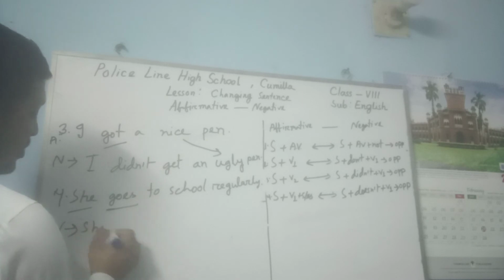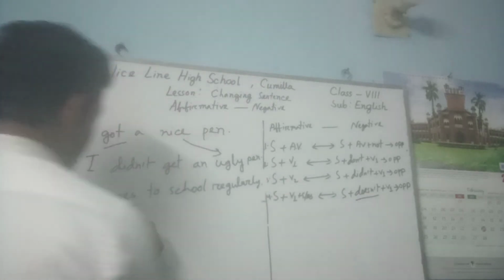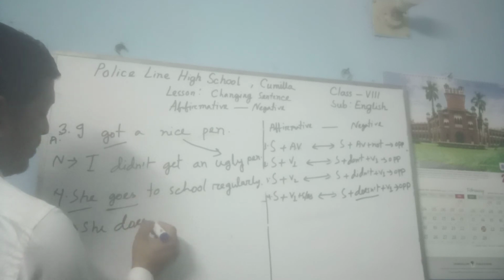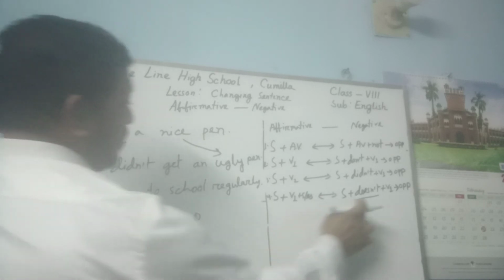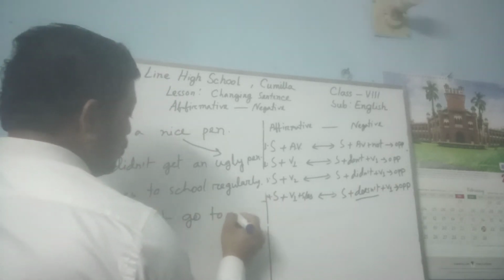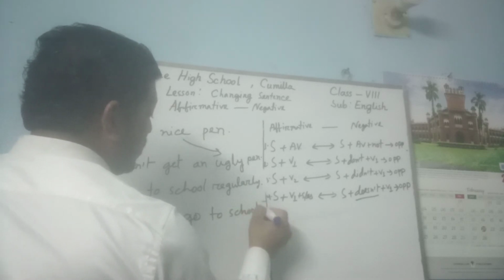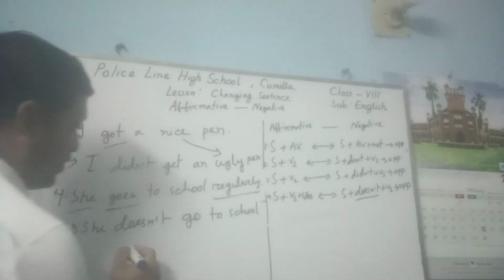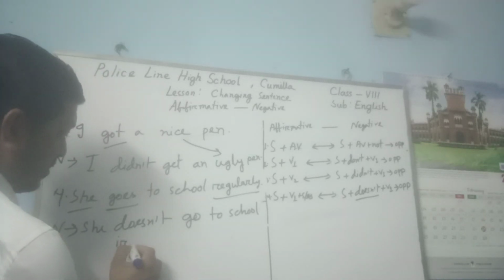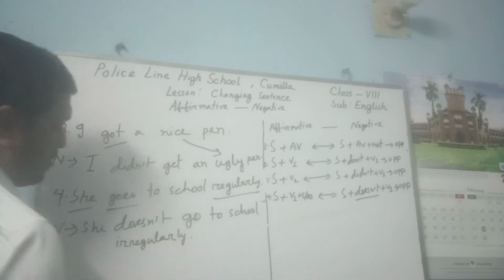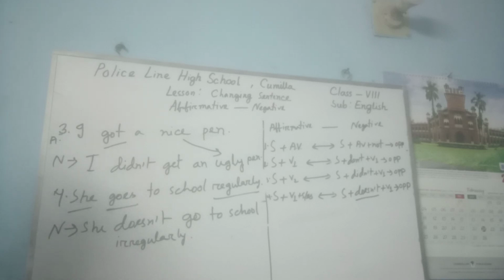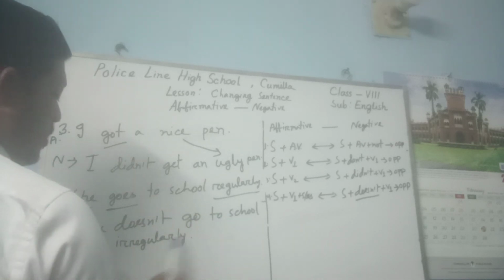Subject is she. Then I have to write doesn't. Then verb 1 go. To school, I will use irregularly instead of regularly. So these two sentences: in affirmative, she goes to school regularly, and in negative, she doesn't go to school irregularly.